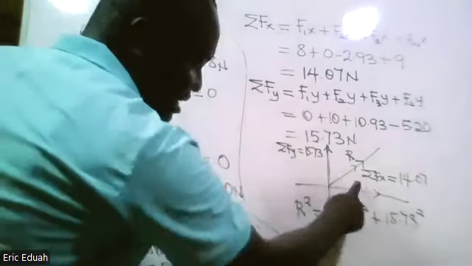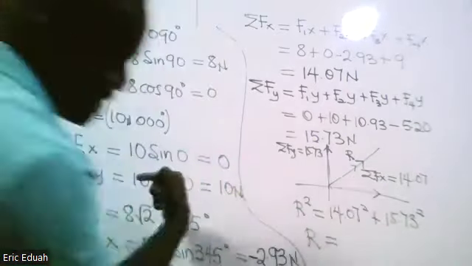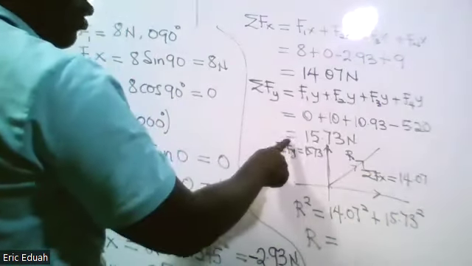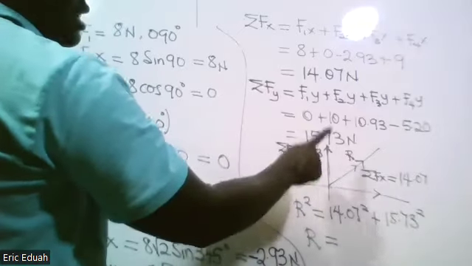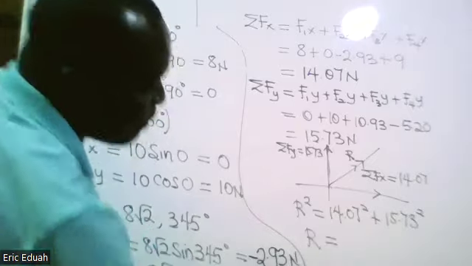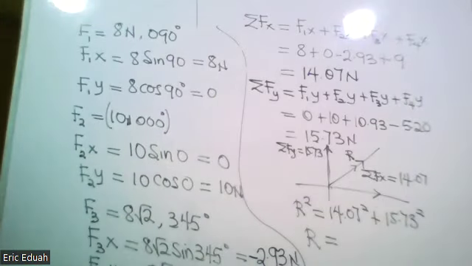If it is negative, it will act along the negative x-axis. Then summation f of y, we had positive 15.73, meaning its direction must be put along the positive y-axis, and that will help us to get the direction of the resultant. Are you okay? Yes, sir.